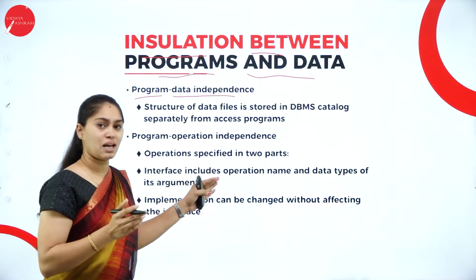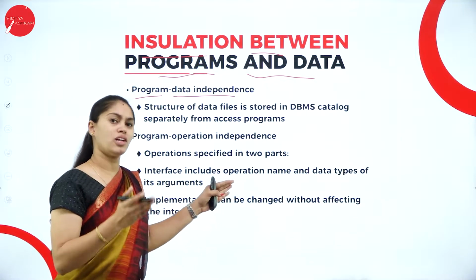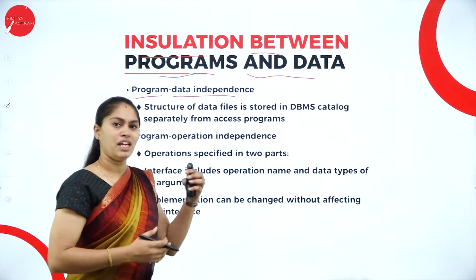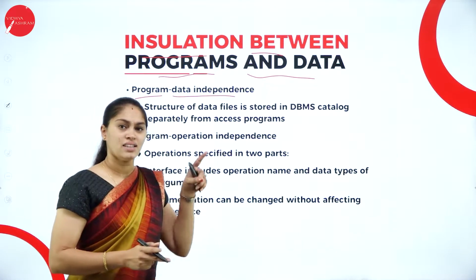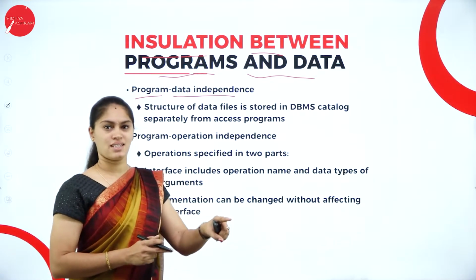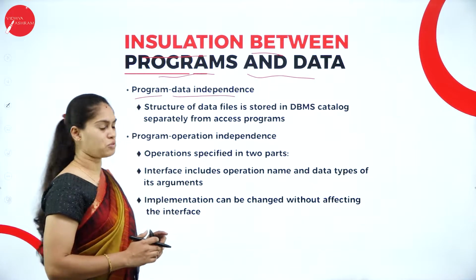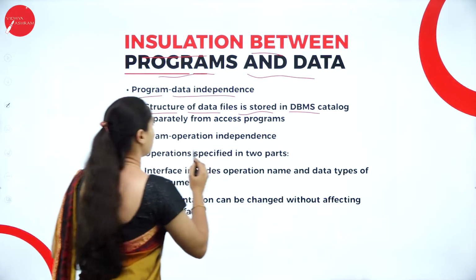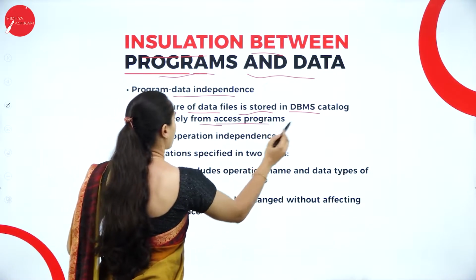But if you take the example of a traditional file system, in order to store the data and information in any file, if I change the structure of a file, then I must also change the structure of the program in order to access that data. That is what you have to remember here. The structure of data files is stored in the DBMS catalog separately from the access program.